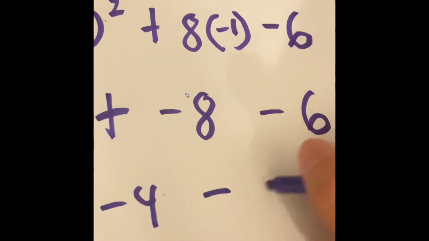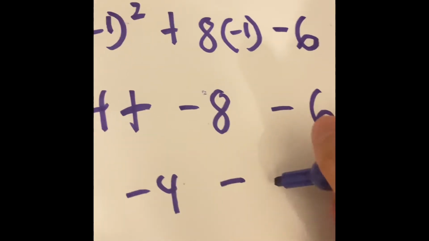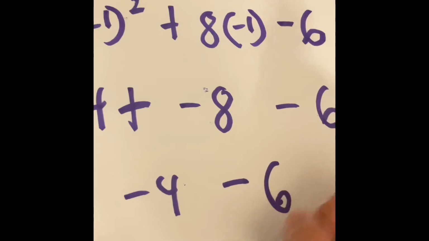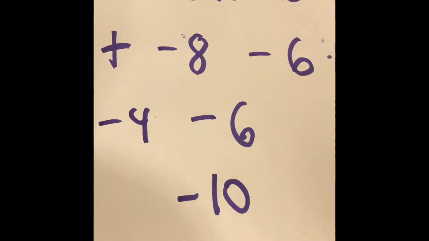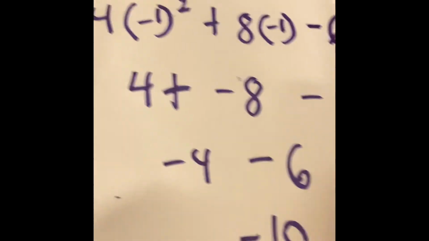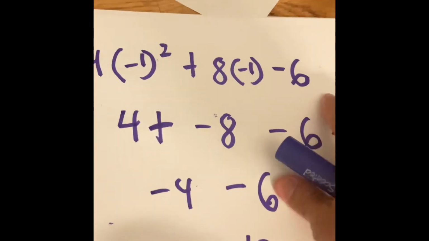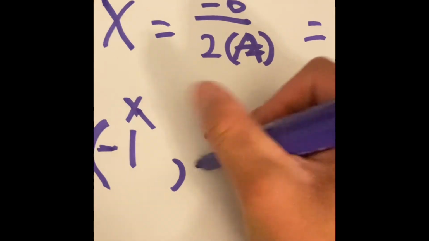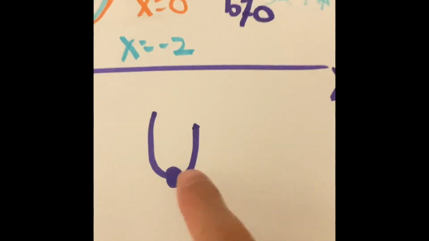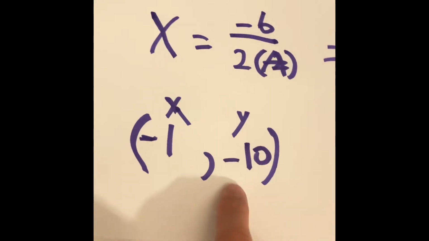Minus 6 gives us an answer of negative 10. So as negative 10 is our answer when we insert negative 1 into the expression, our vertex, or the point where that curve ends, becomes negative 1, negative 10.